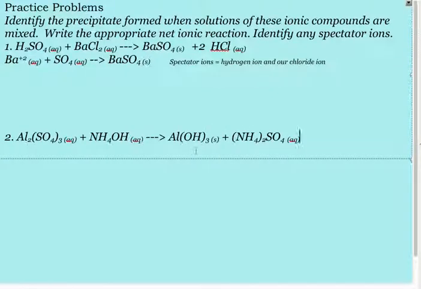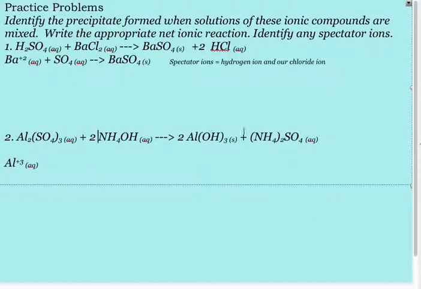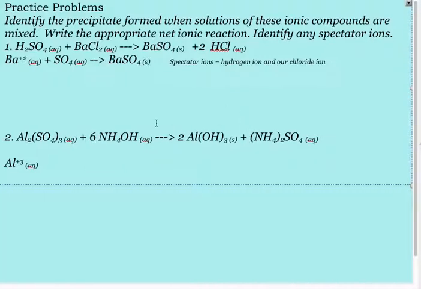You should get that the aluminum hydroxide would be your solid, and then if you write your net ionic equation, you would have the aluminum ion in aqueous form. I didn't balance this, I apologize. So we need a 2 here, and 6 and 3.